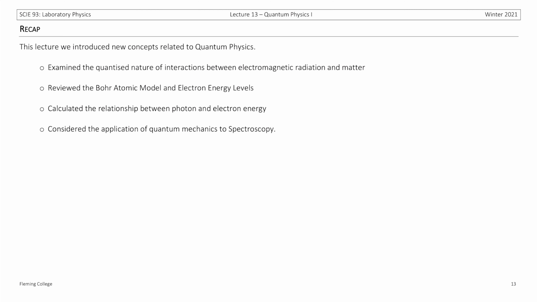We looked at calculating the relationship between photon wavelength and the electron energy levels, and we considered the application of these concepts in quantum mechanics to spectroscopy. Next week, we'll go on to look at some of the more nuanced pieces of quantum physics.